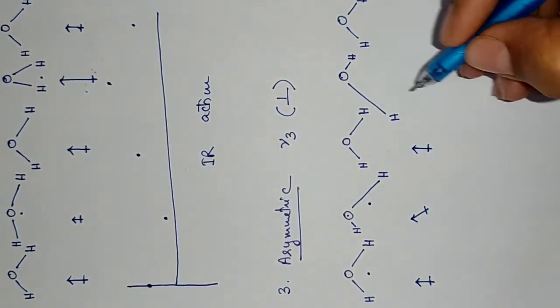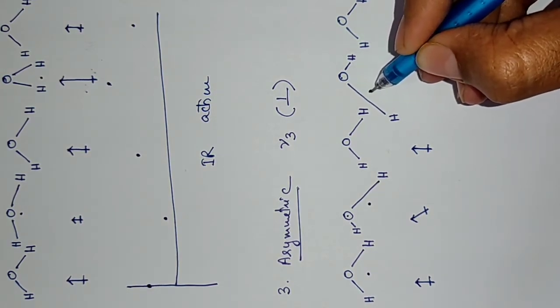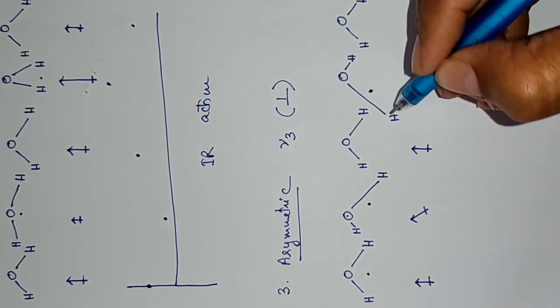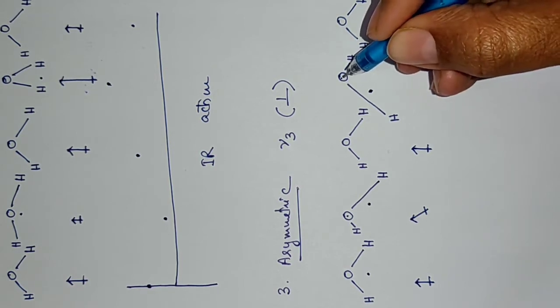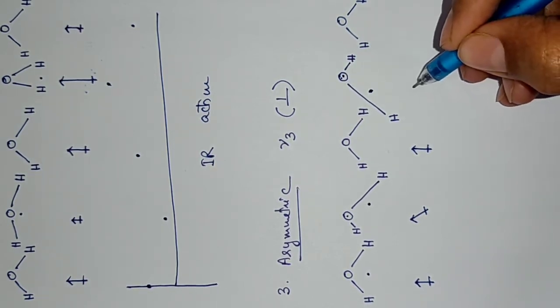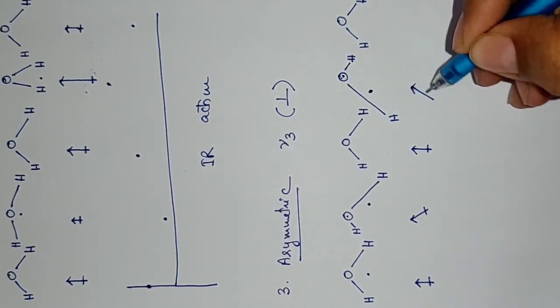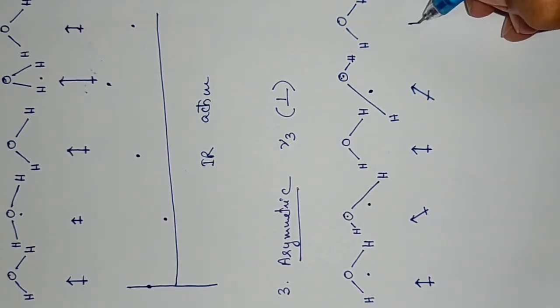It will be like this. Again, the center will come here. You take the mean position. Here it is the negative charge, so the dipole moment will act along this direction. And again it will be like this.